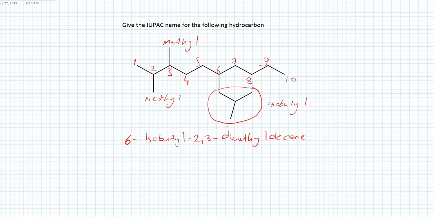Okay, let's assume that you don't remember the name of this complex alkyl group. In order to do that, you can treat this group as a complex group. Then you have to name it as a separate alkyl group. So you have to number from this position 1, 2, and 3. 3 is the longest chain, starting from the attachment point to the main chain.